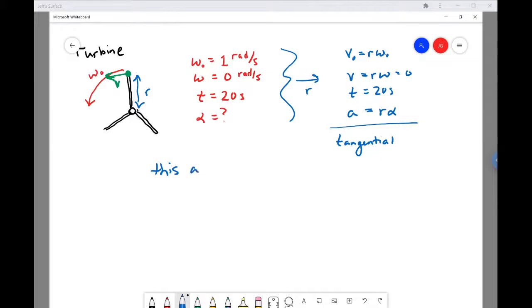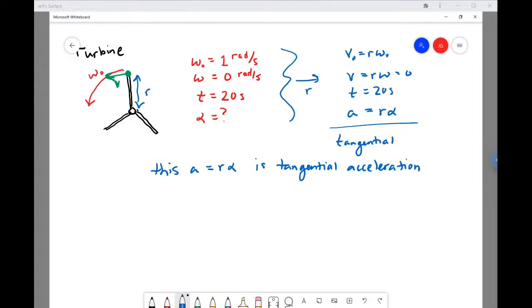This a, which is equal to r times alpha, is tangential acceleration. It's how quickly a point on the turbine is slowing down in units of meters per second squared.